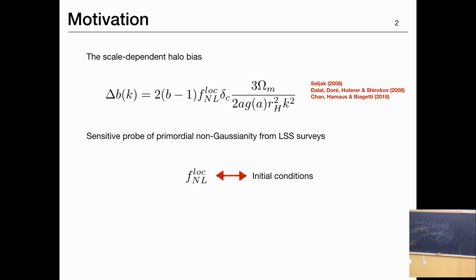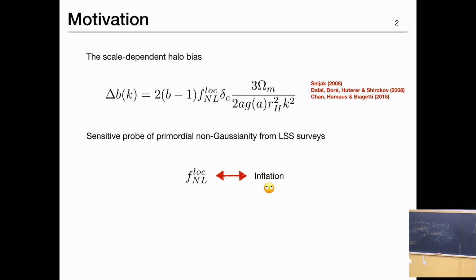Okay. As people know, the scale-dependent halo bias is sensitive to primordial non-Gaussianity. There are some people working on this subject. This parameter, f_NL local, comes from the initial conditions of the universe. By initial conditions, I mean inflation.